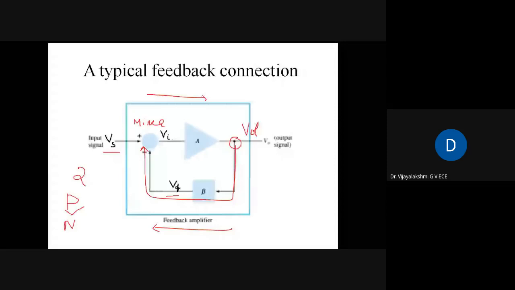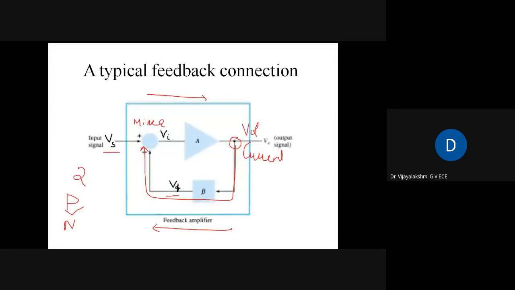And when you are feeding it back to the input, how are you connecting this feedback with the input? Whether you are connecting this feedback signal with the input serially, or in parallel. So based on this, you have 4 feedback connections.